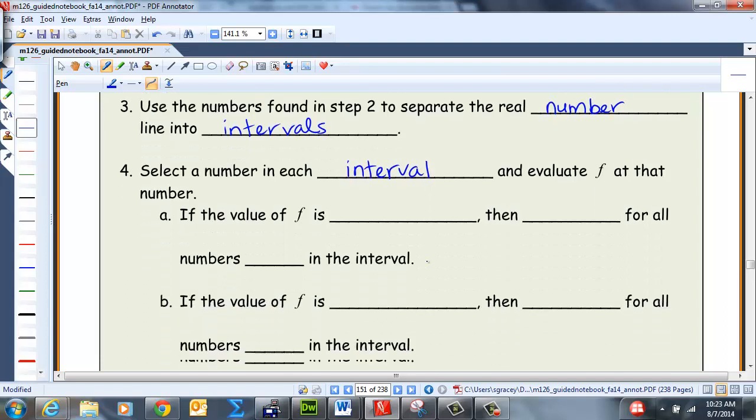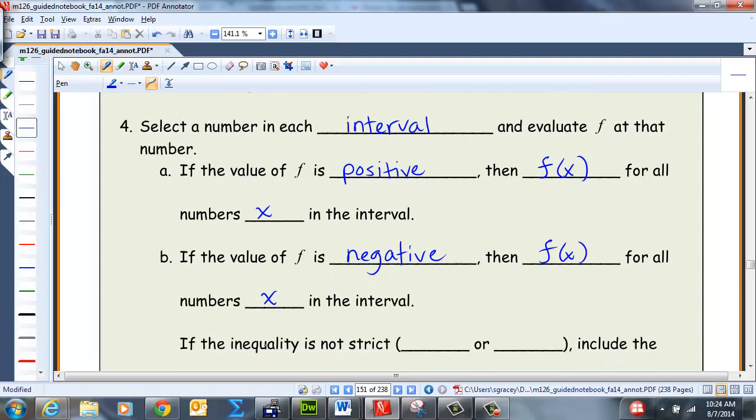If f is positive, then every single function value or y value on that interval will be positive. If the value of the function is negative, then all function values or y values will be negative for all the x inputs in that interval.